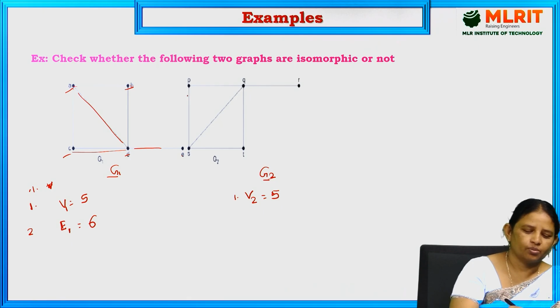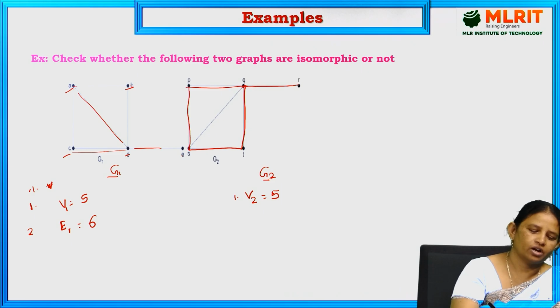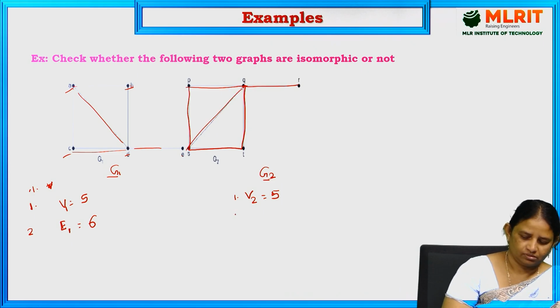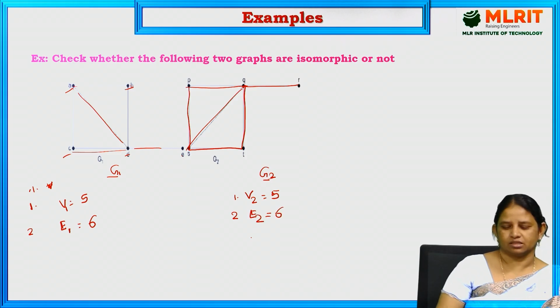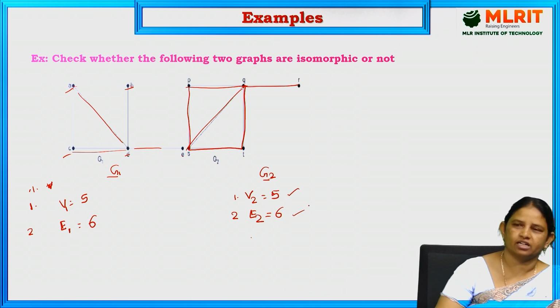Next, total number of edges in the second graph. 1, 2, 3, 4, 5, 6. Total number of edges are 6. The first condition is satisfied, second condition is satisfied.